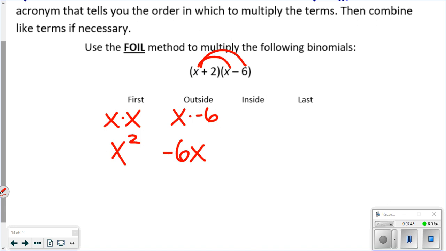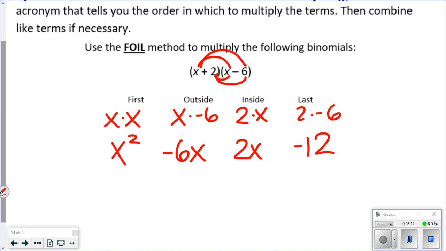Well, then I would need to distribute this 2 to the x. Those are my inside terms. They're close together. So I multiplied 2 times x, which is 2x, and 2 times negative 6. Those are my last terms listed in the parentheses. Distributing 2 times negative 6, and we get negative 12.